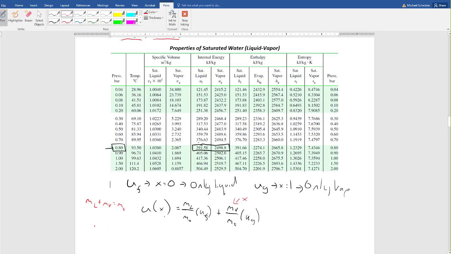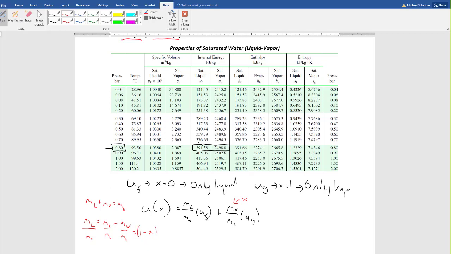So m_l is equal to m_total minus m_v, right? Now, if I divide all of these things by the total mass, then this fraction that I'm looking at is equal to 1 minus x.